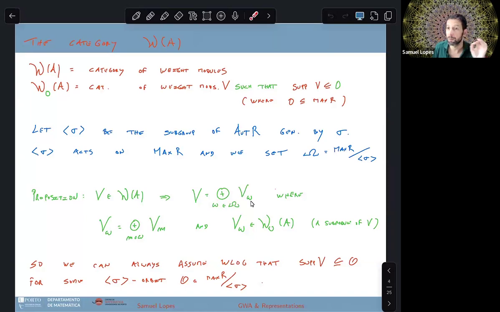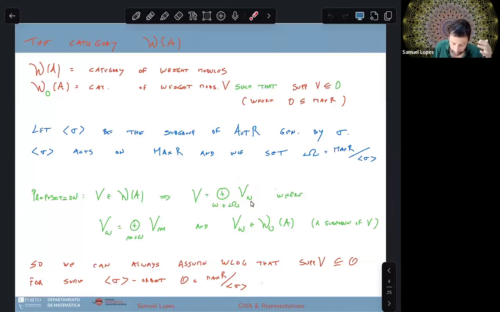Remember that Vm, when m is a maximal ideal, is not a submodule because X, for example, sends Vm not to Vm, it sends it to V sigma inverse. Okay, so Vm, where m is a maximal ideal, is not a submodule, but V omega, and I'll tell you what it is, V omega will be an A submodule.